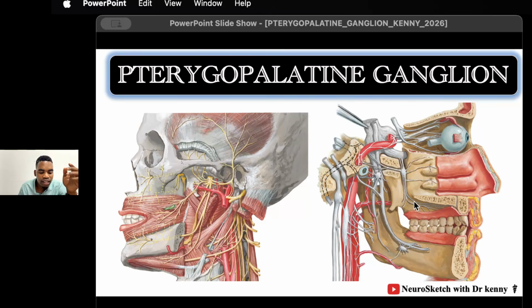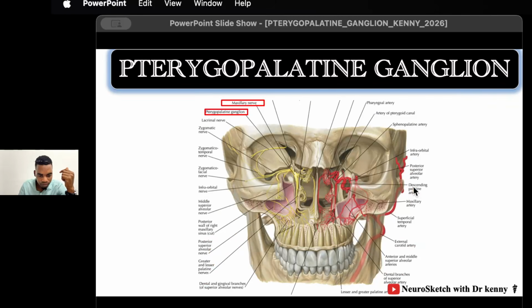Medially it is bordered by the perpendicular plate of the palatine bone, and laterally by the pterygomaxillary fissure, a fissure between the pterygoid process and the maxilla bone. These are the boundaries of the pterygopalatine fossa.